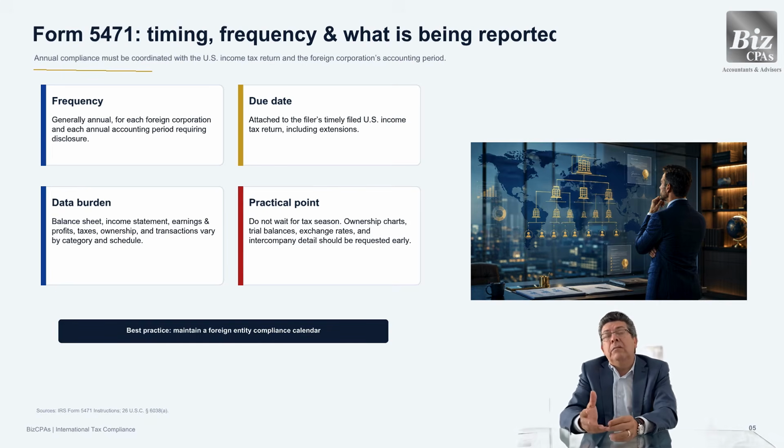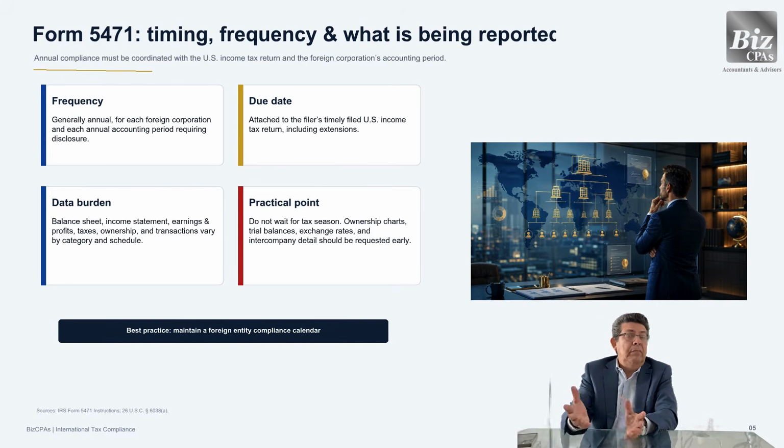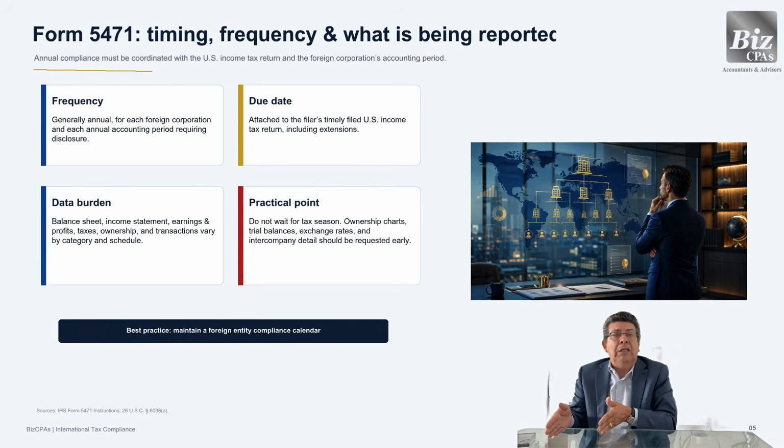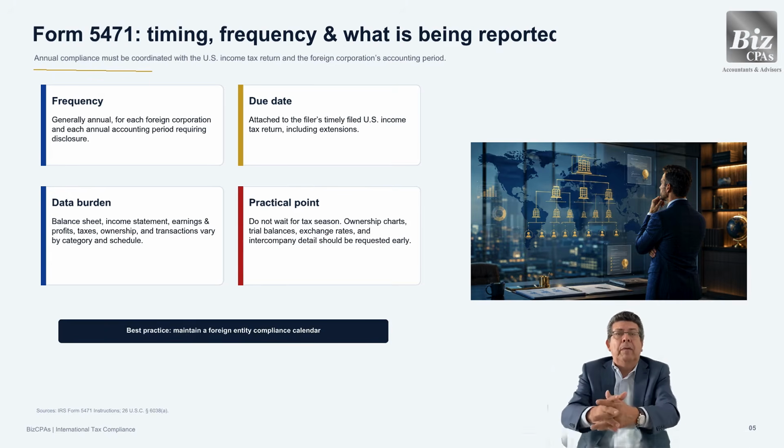Their due dates change when it's a different entity, like a partnership or an S corp, but basically it follows the due date of the individual tax return and of the U.S. corporation or S corporation. Whenever their tax filings are due, we have to file this form.